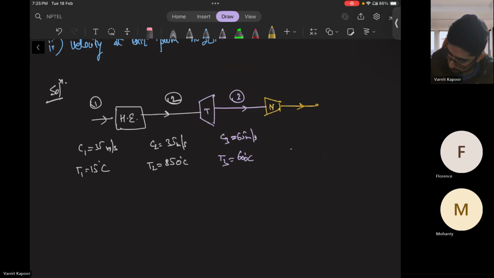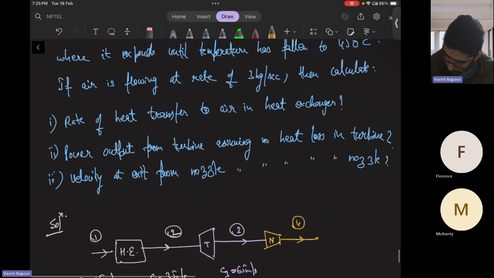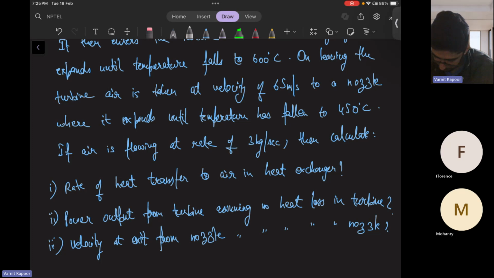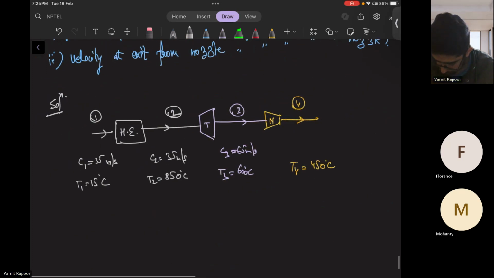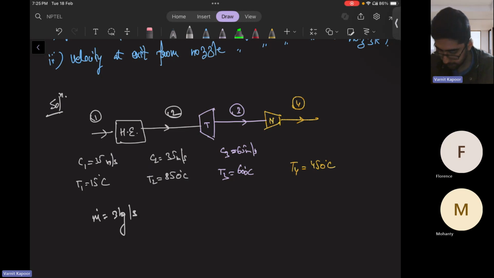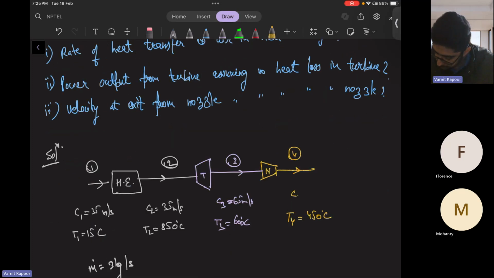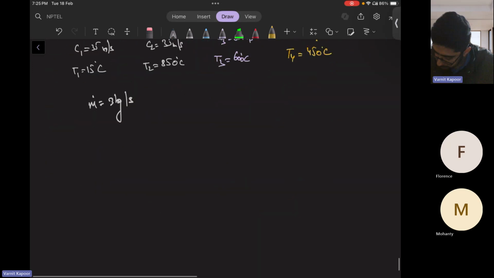So temperature at position 4 is 450 degrees Celsius. Mass flow rate is given as 3 kg per second at every instance. They have asked for rate of heat transfer, power output, and velocity at exit. Velocity C4 is unknown. First part, let us do.